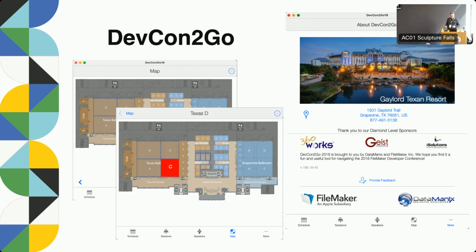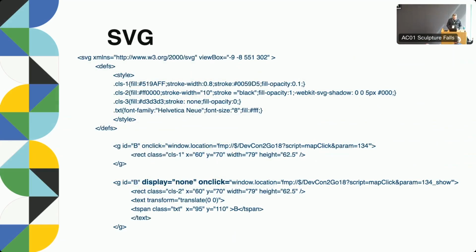And this is done with SVG and the web viewer, right? And the magic here lies in, as you can see, this looks very much like HTML, right? And this one is not even using the Perform FileMaker script. This was before we had that, so that was using the FMP protocol. But again, it's just display none, so it's hidden, but you can still click on it, onclick, window location, blah, blah, blah, and do something.